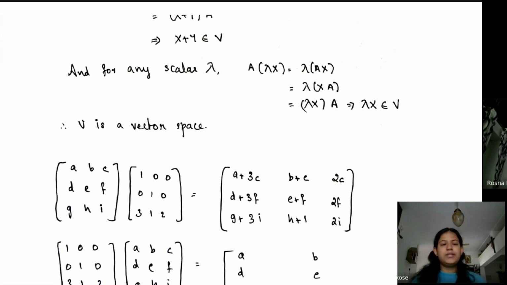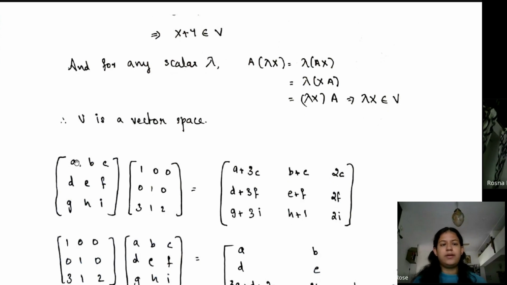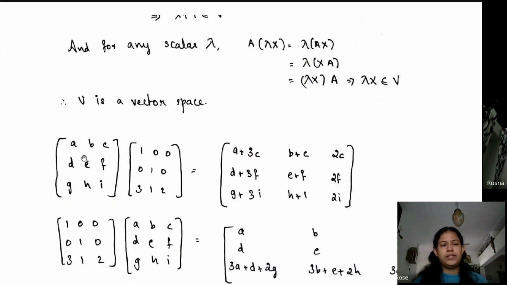Our condition is that the elements should commute with the matrix A. So for example, I take any 3 by 3 matrix X with entries A, B, C, D, E, F, G, H, I, and multiply it with A. When I multiply it with A, I get this matrix. Since it is commutative, I also multiply in the other way, so it is XA, and this is AX. Multiplying in this way, I get this matrix.